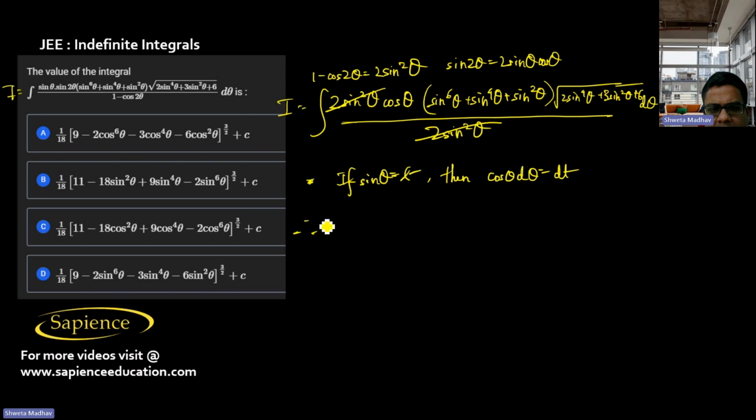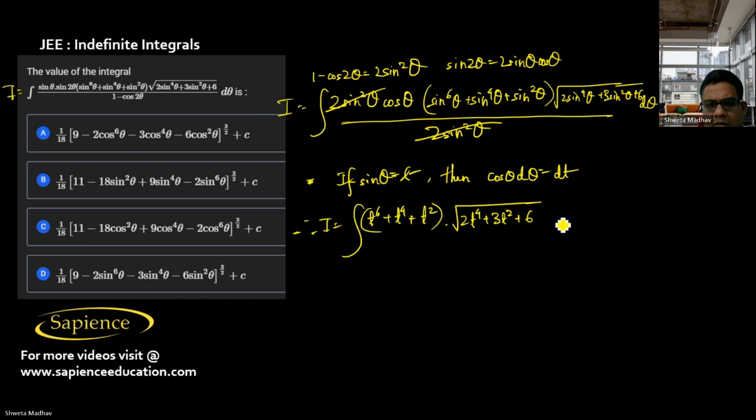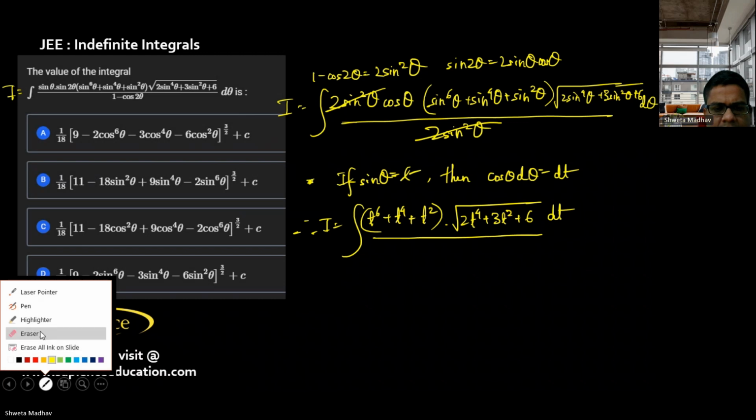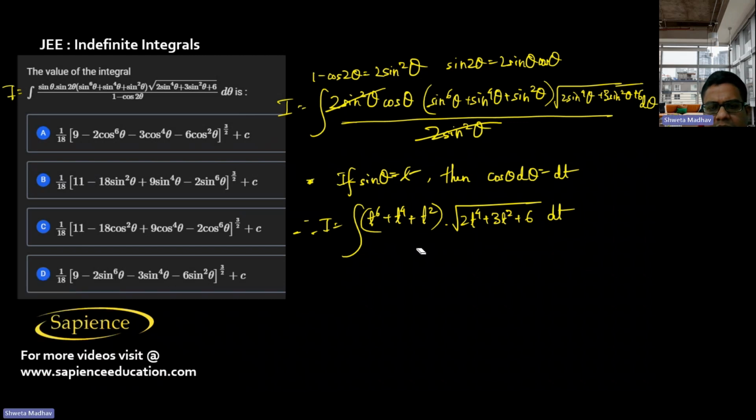So therefore the integral I can be written as integral of (t power 6 plus t power 4 plus t square) into root over (2t power 4 plus 3t square plus 6) dt. So this only is the integral.